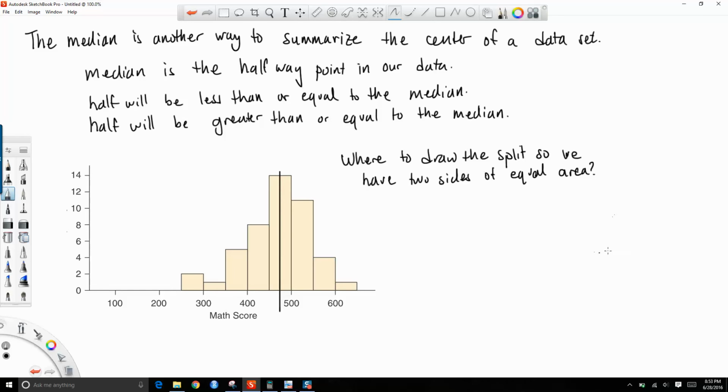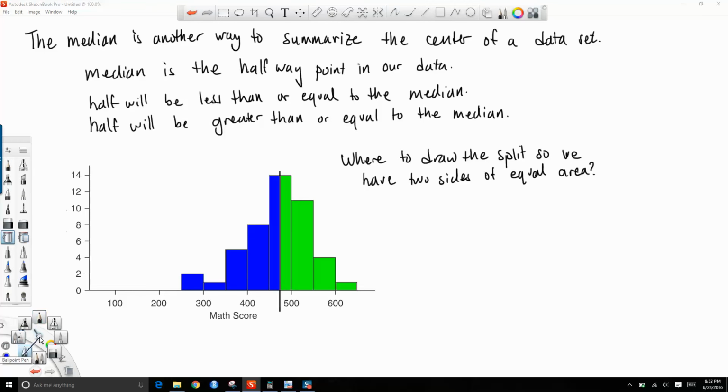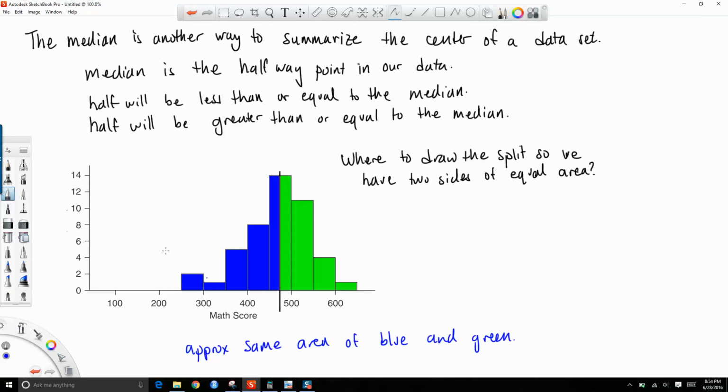It's a tough judgment call if we're just eyeballing it, but does that look like they have approximately the same areas of green and blue? Okay, so that's where we would say the median is.